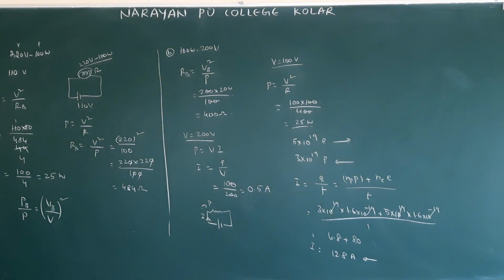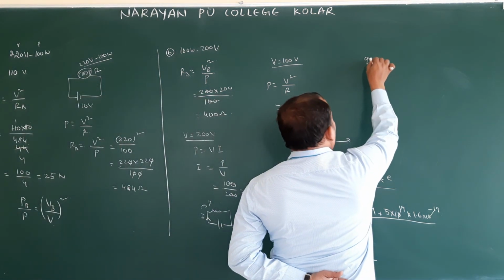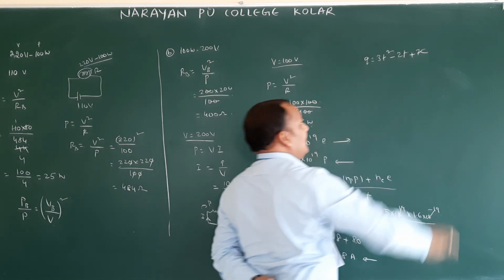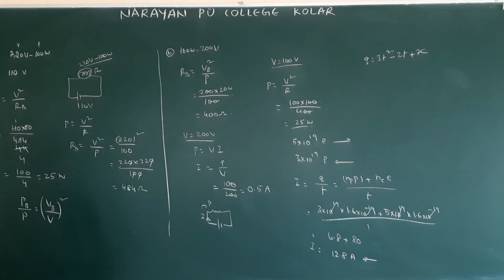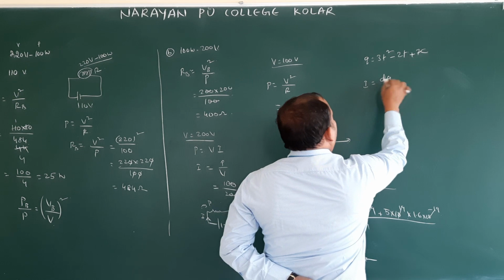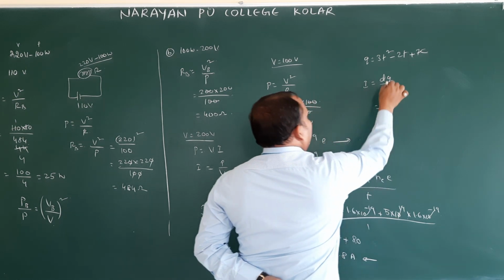Option 2. See the second one, a simple one you can solve. The charge flowing in a wire is given by 3t square minus 2t plus 7 C. The electric current at time t equal to 2 seconds. The electric current means I is equal to dq by dt, so differentiate this.